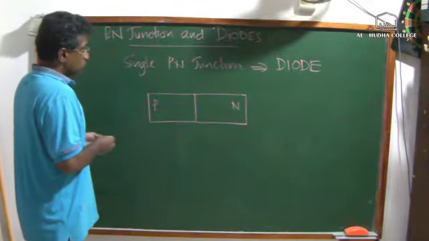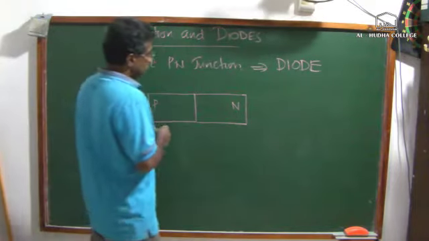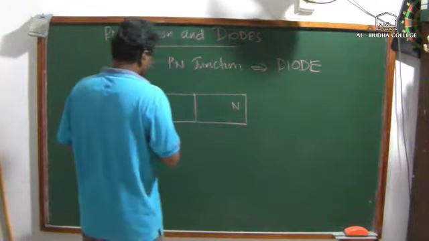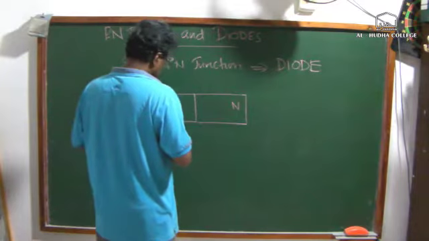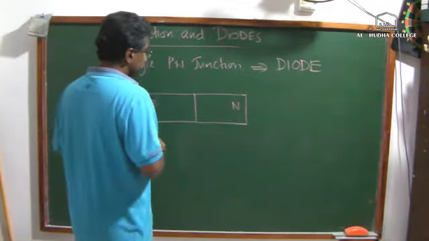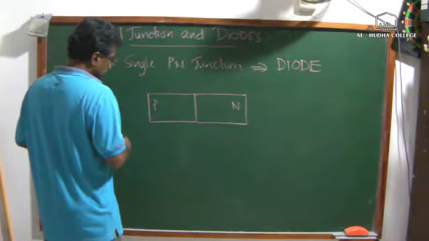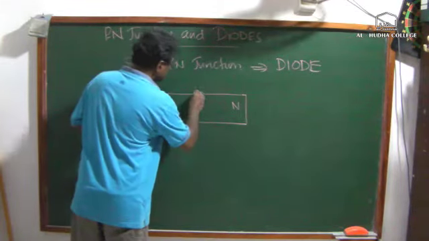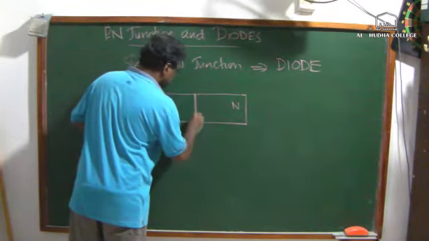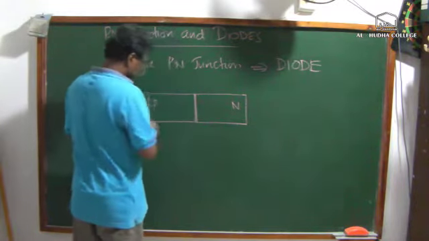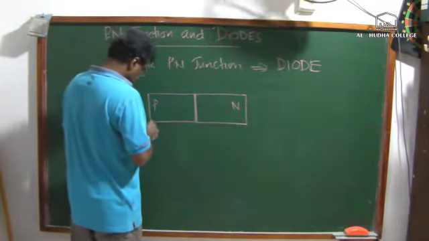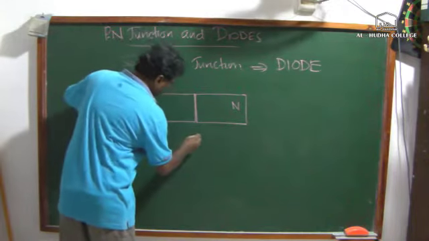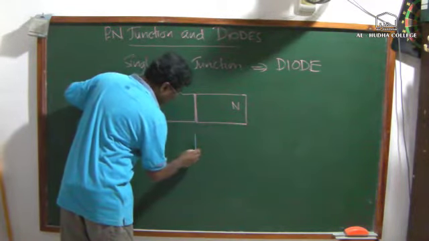Now, when you represent a diode, we put a symbol in the electronic circuits. So the symbol looks like this. The symbol is given like this.